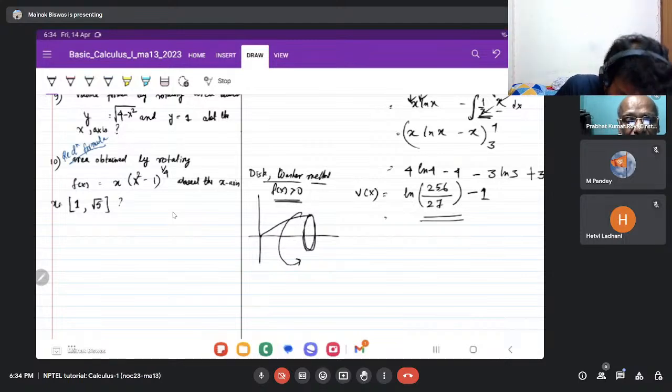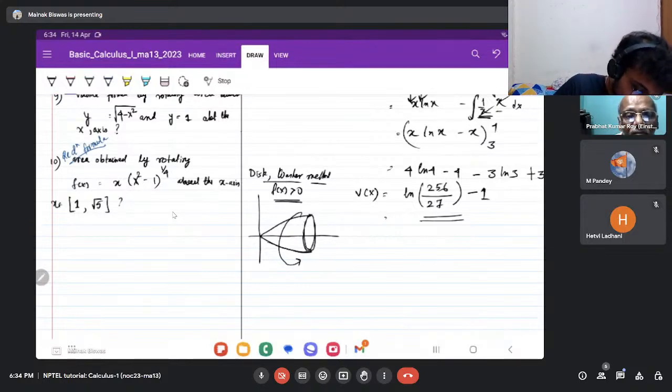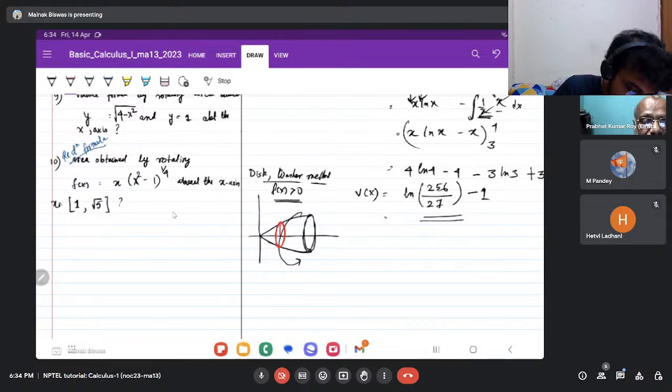So you understand that you will have a volume like this. Do you agree to this? So you will have a cross section of a circle. Do you agree? Because you are taking the entire function rotating about the x-axis, your distance from the axis of rotation is fixed.